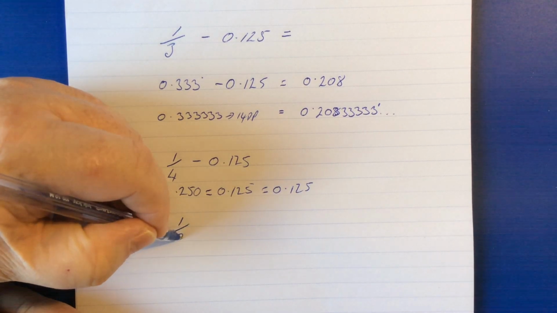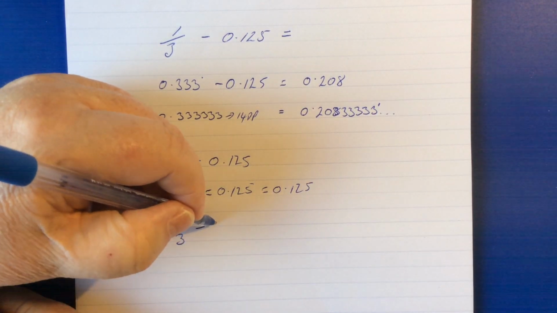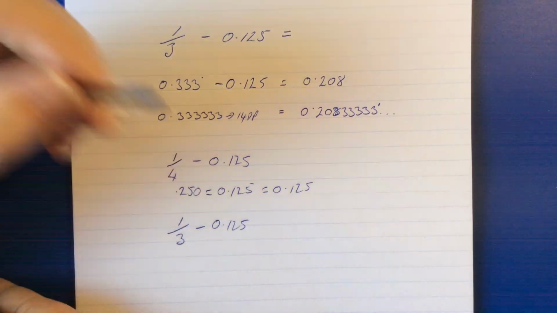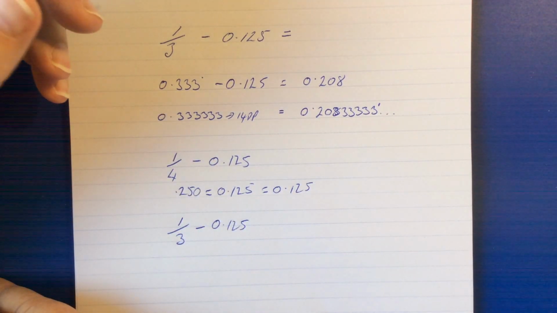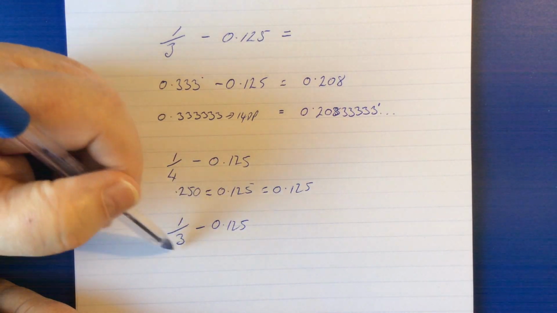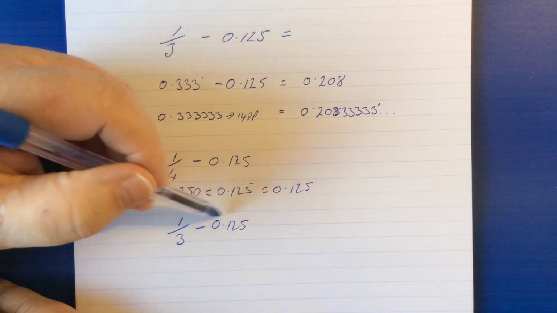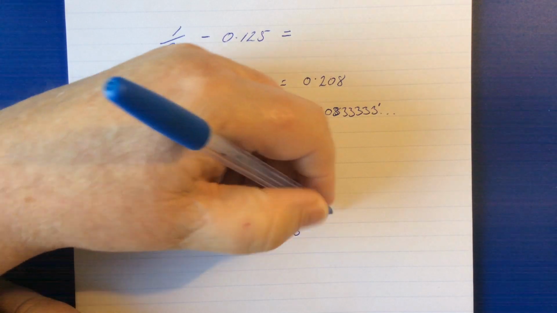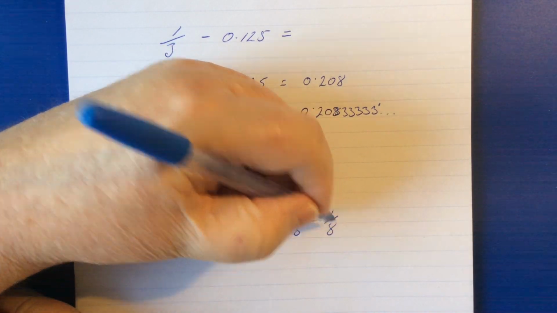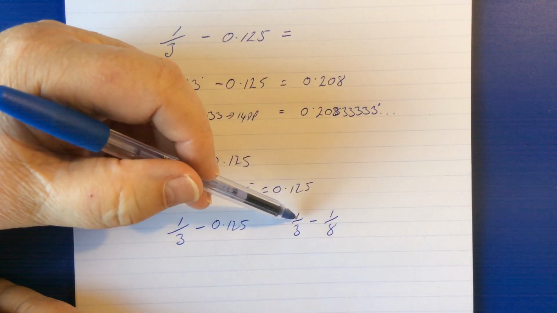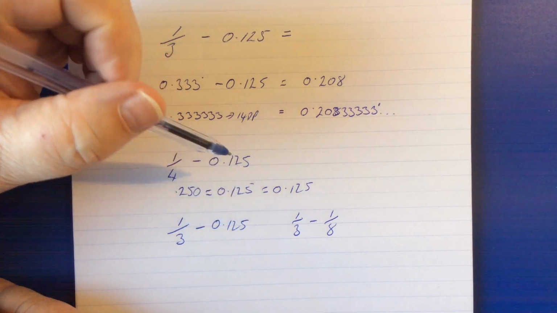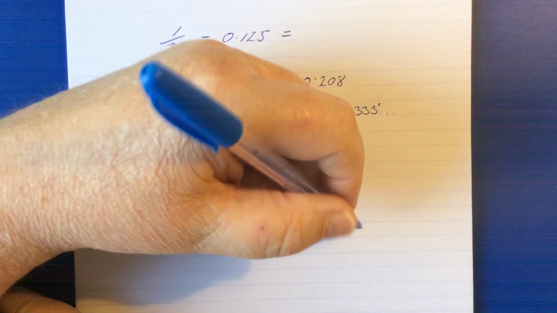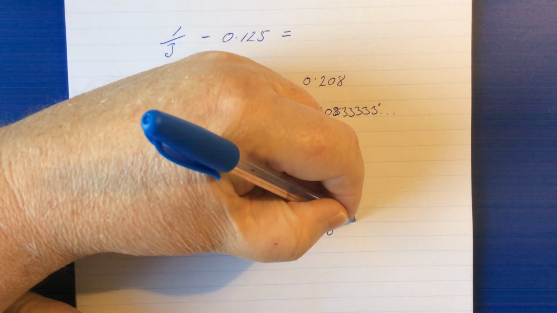Let's go back to this. What I would do instead of converting this is I'd convert this. And I get 1/3 minus 1/8. 1/8 is 0.125. And what do I get for my trouble?